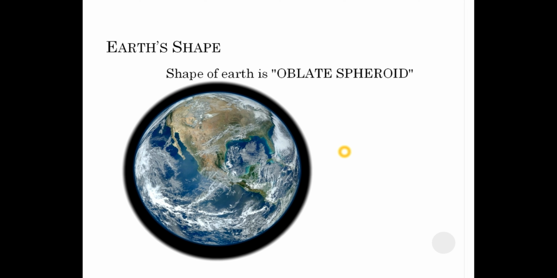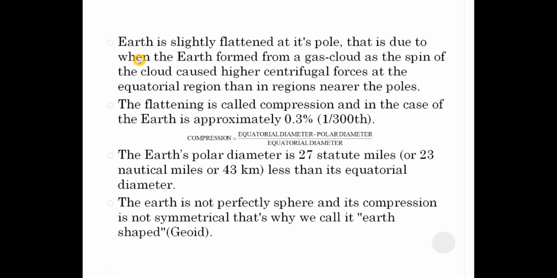So let's start. First, let's talk about the earth's shape. From your earlier studies you used to say that the earth is like a sphere. It is not a complete sphere. The shape of the earth is just like an orange. Why? Because the earth is slightly flattened at its poles.